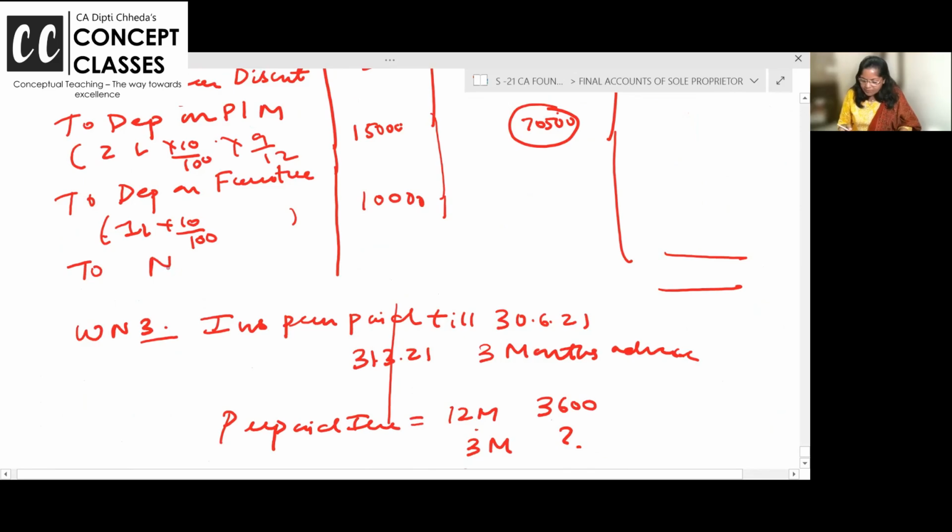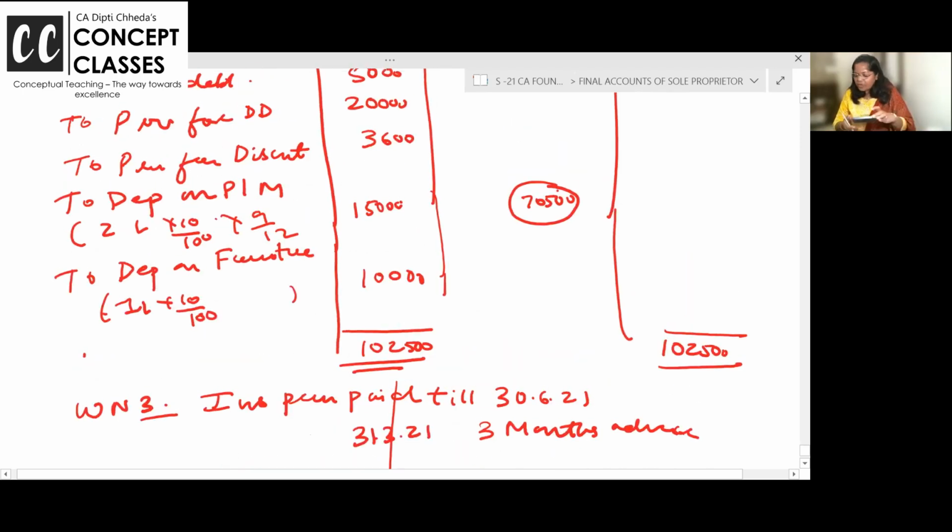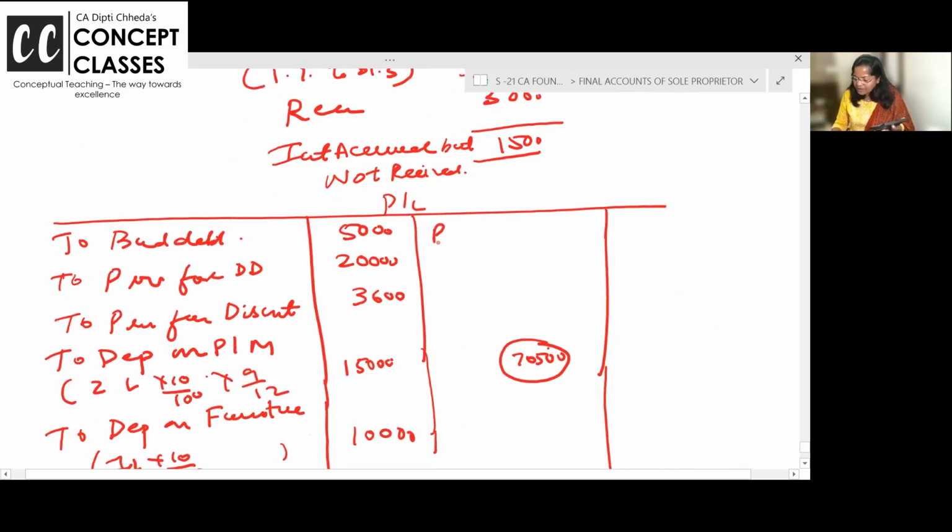Net loss is coming, so we will not write it on this side. On this side we will write the total. How much is the total coming to? 1,02,500. 1,02,500 minus 7,500. Net loss is coming to 32,000.